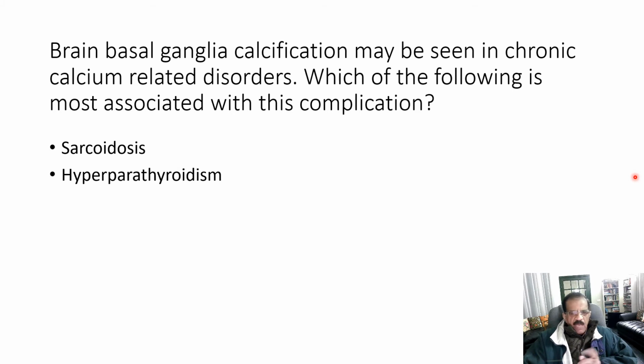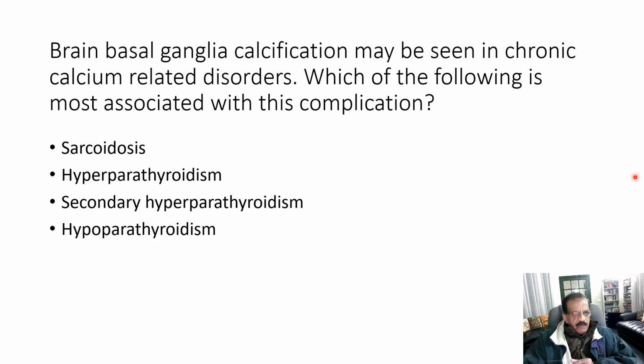hyperparathyroidism. In hyperparathyroidism, there would be hypercalcemia. Secondary hyperparathyroidism, which is actually secondary to a chronic hypocalcemic state like kidney failure. Hypoparathyroidism. In hypoparathyroidism, calcium is low, but phosphate is high.